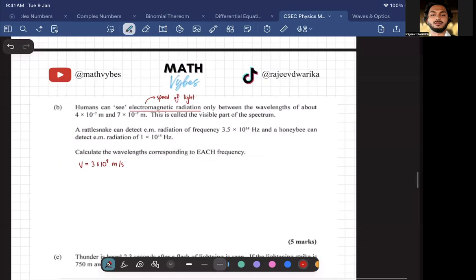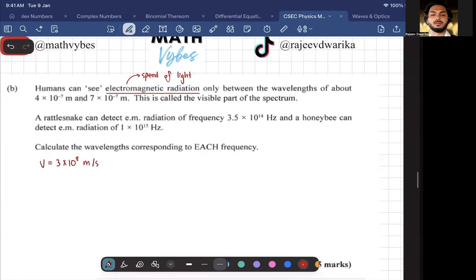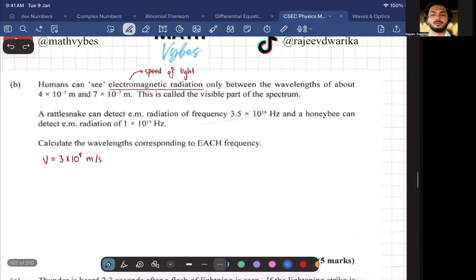Now we can proceed. A rattlesnake can detect EM radiation with a frequency of 3.5 by 10 to the power 14 hertz, and the honeybee can detect radiation of 1 by 10 to the power 15 hertz.